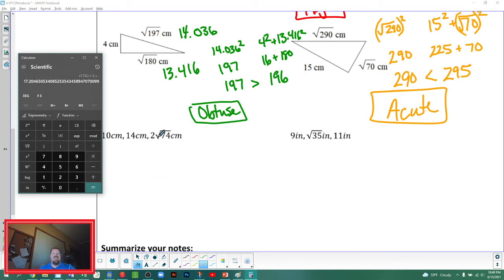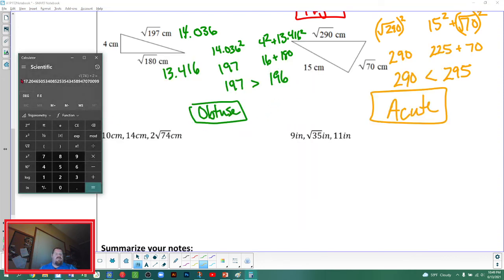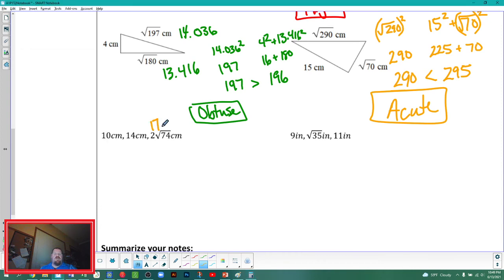And it's about 17. Actually, I do want to know, 17.205. Let's treat it like that, because squaring it with that 2 in front doesn't work out too well. It will, but there's a little bit lacking there.